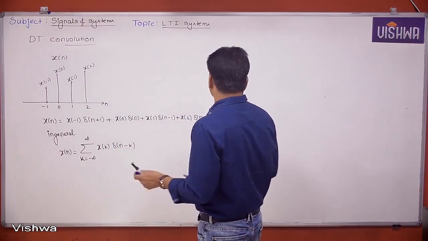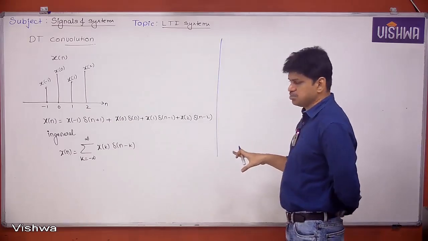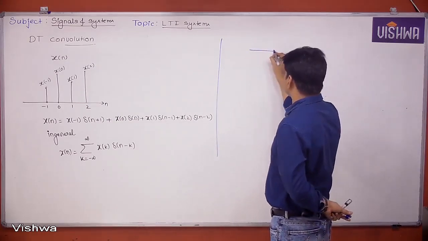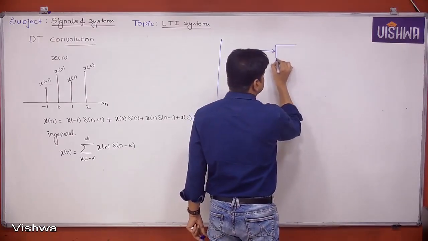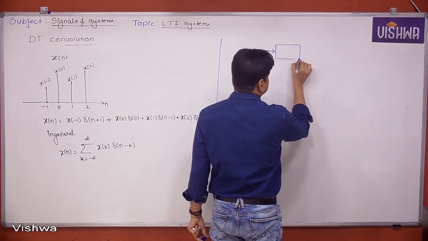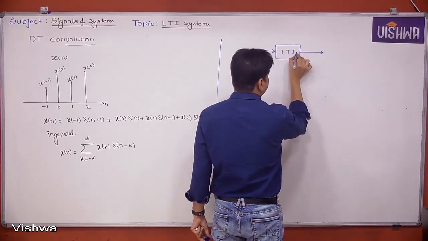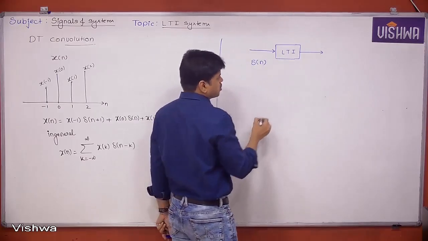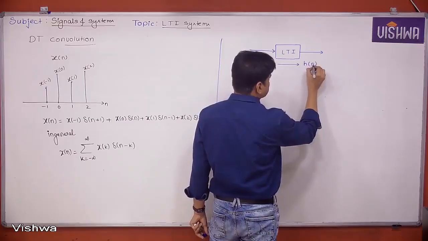Now try to understand. If this is the input for an LTI system, what is the output? If delta n is the input, the corresponding output is h of n.